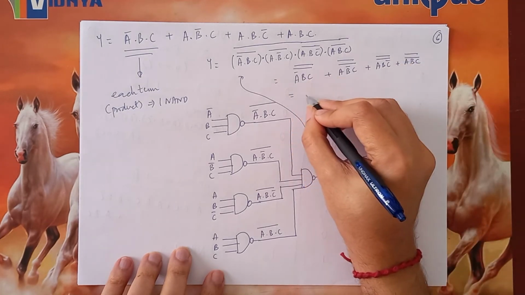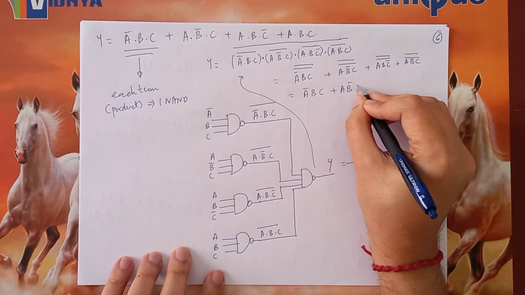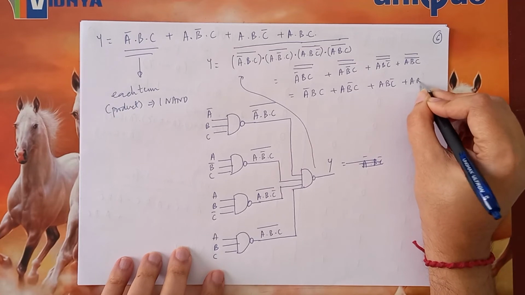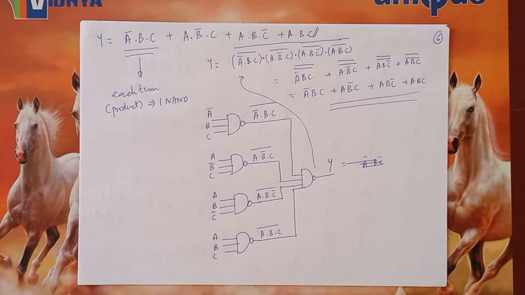So the two bars will get cancelled, which will be A bar B C plus A B bar C plus A B C bar plus A B C. What you see is that this and this are the same. So with this, we have learned how to take a canonical SOP form and convert it into a realization using NAND gates only.